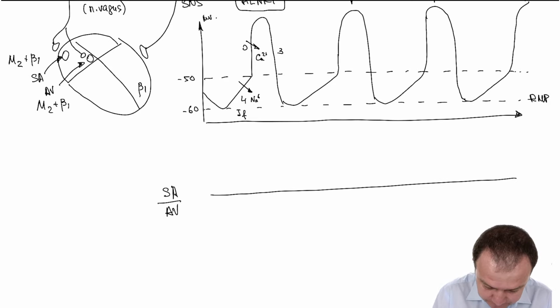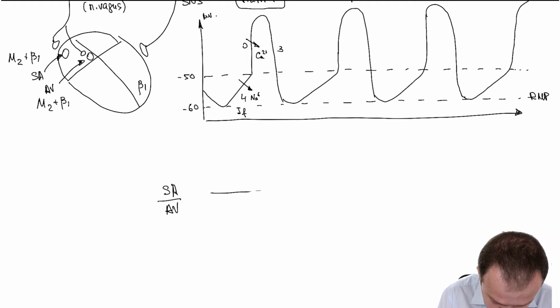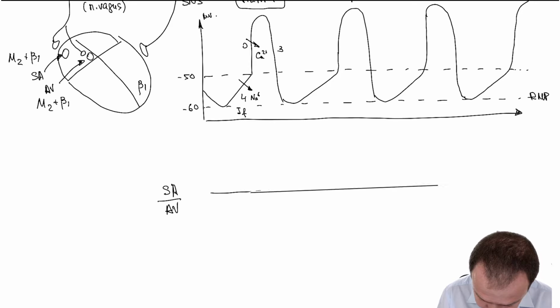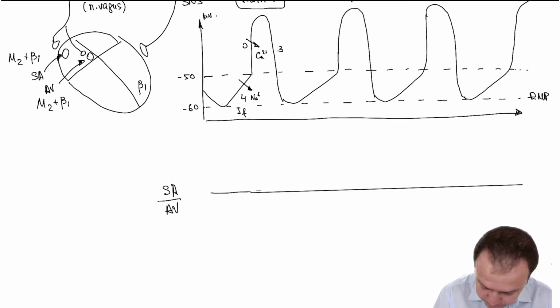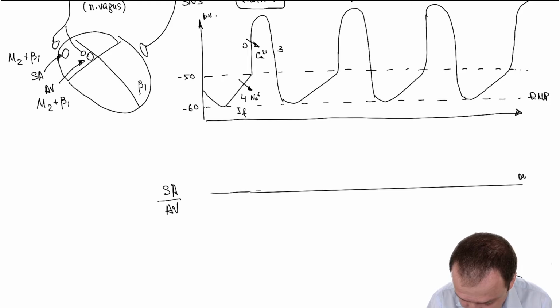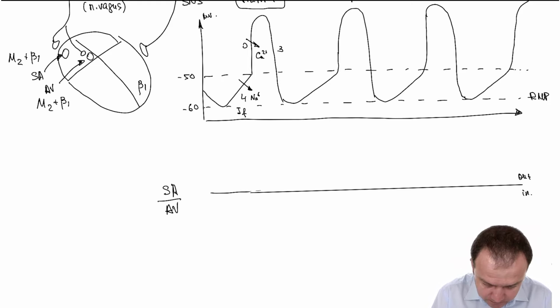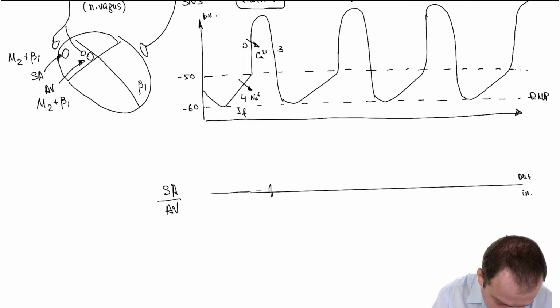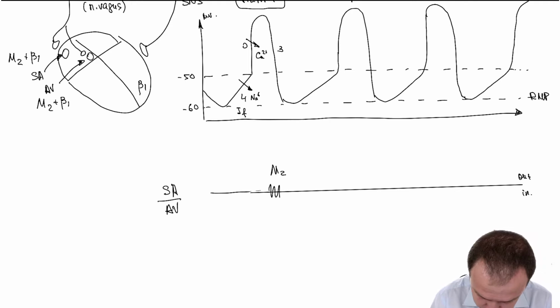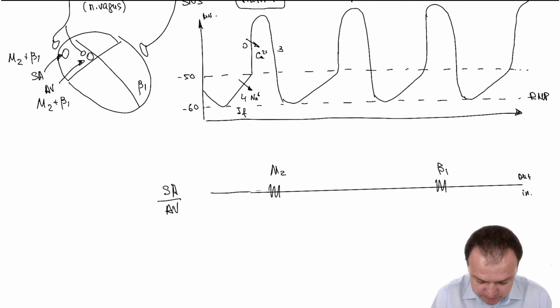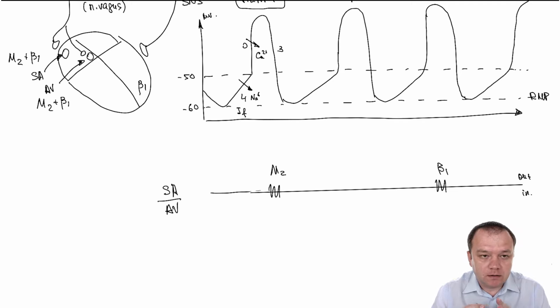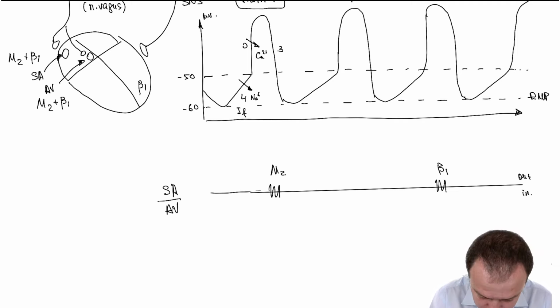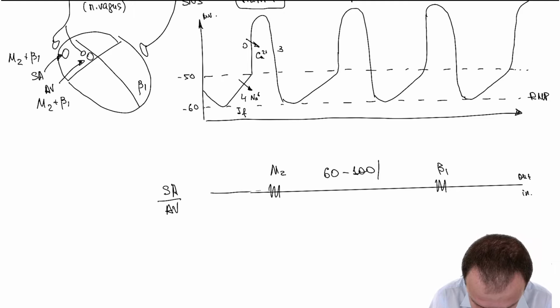So we have M2 receptors and beta-1 adrenergic receptors there. I'm drawing a cell membrane, the outside and inside, with M2 receptors and beta-1 adrenergic receptors. We know that normal heart rate is around 60 to 100 beats per minute.